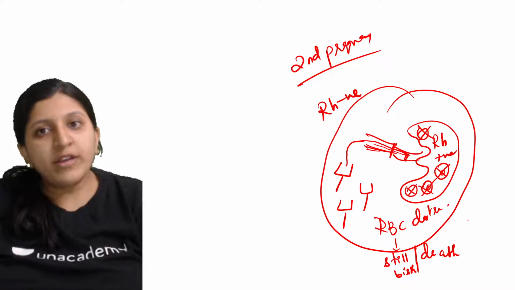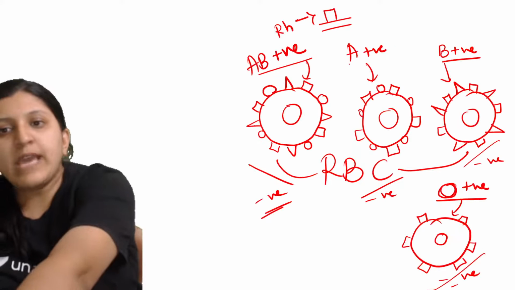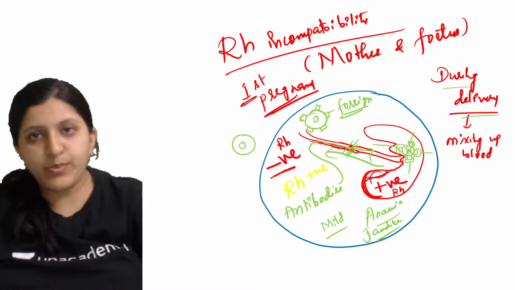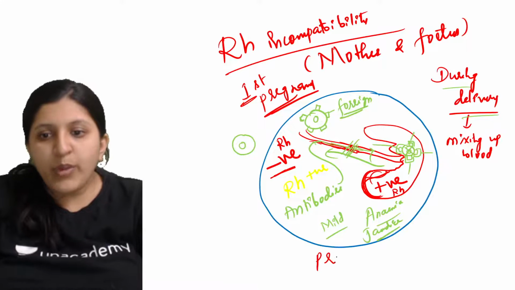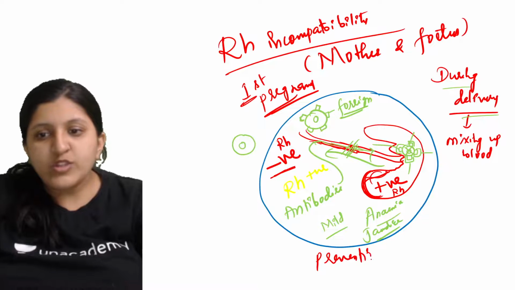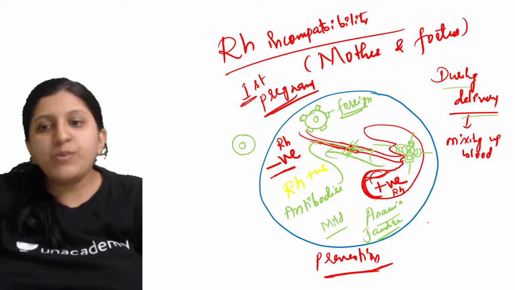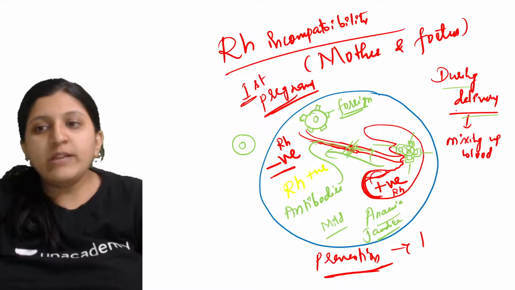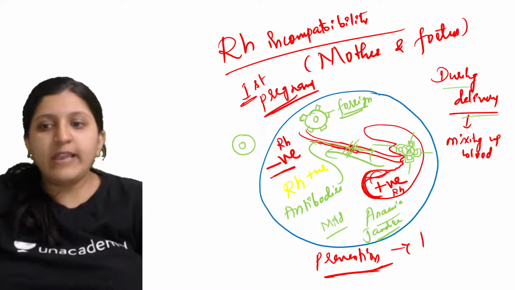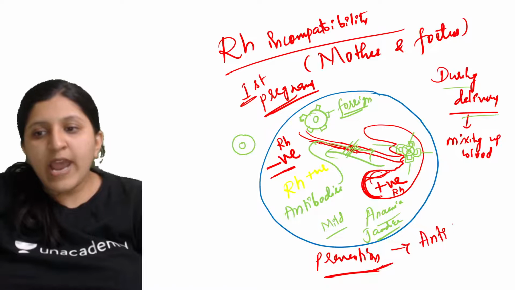In order to avoid that, prevention has to be done during the first pregnancy itself, to avoid the death of the second child. That means soon after the delivery, anti-RH antibodies should be injected into her body.